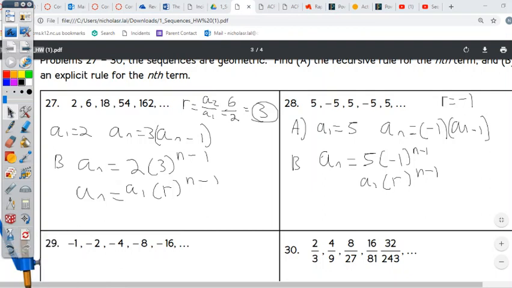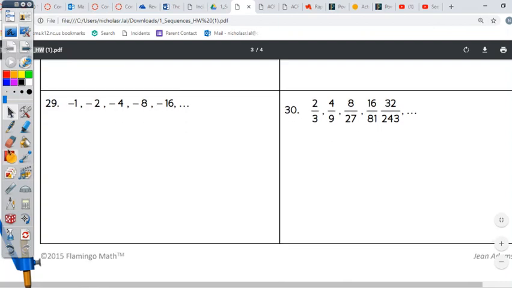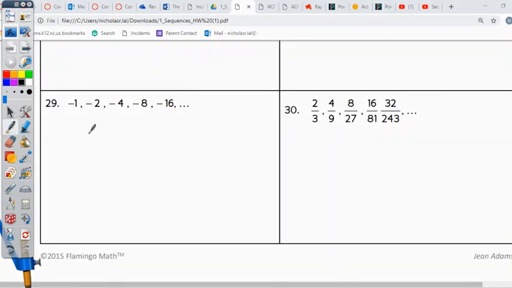Let's look. Alright, 29. You have -1, -2, -4, -8, -16. So r is equal to -2 over -1, which is equal to +2. a1 is equal to -1, which means a n is equal to 2 times a n minus 1.